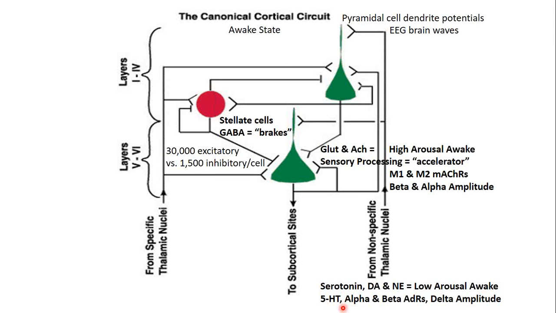So these are serotonin receptors, and ADR stands for adrenergic receptors. Adrenergic refers to adrenaline, which are the norepinephrine and dopamine receptors. And these are alpha and beta adrenergic receptors. They're responding to norepinephrine and epinephrine. And then we have special dopamine receptors too.